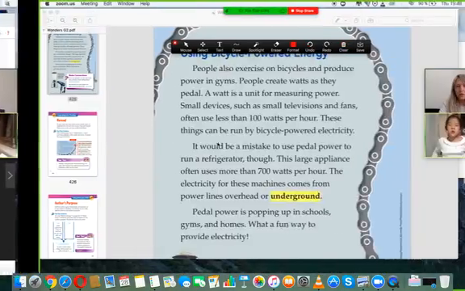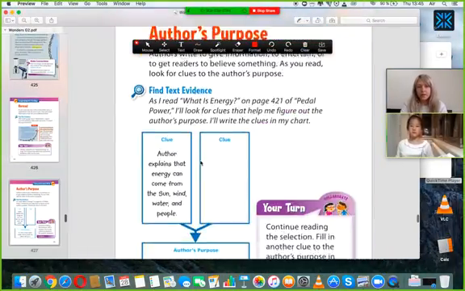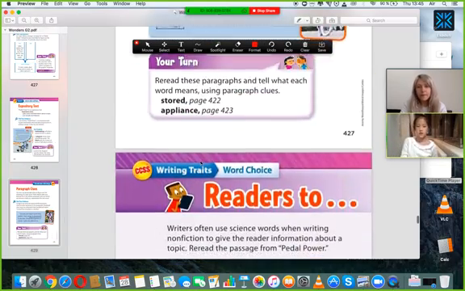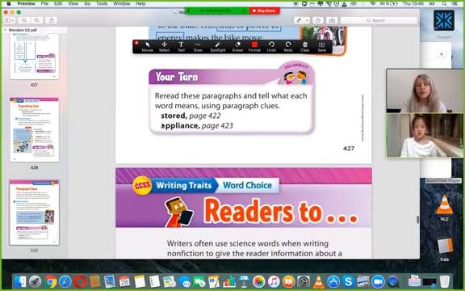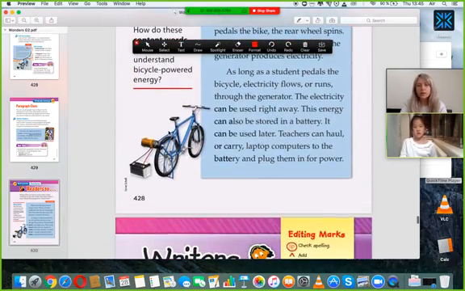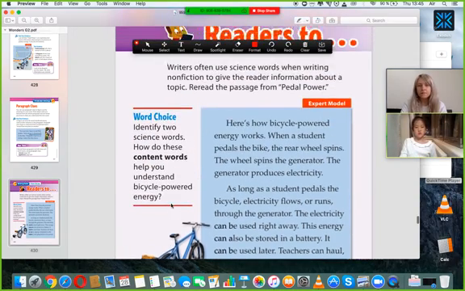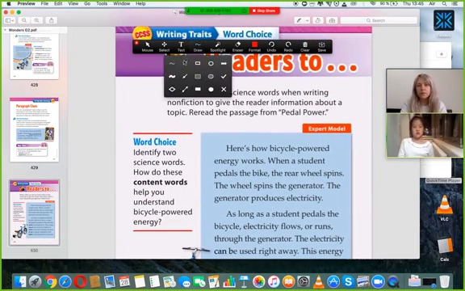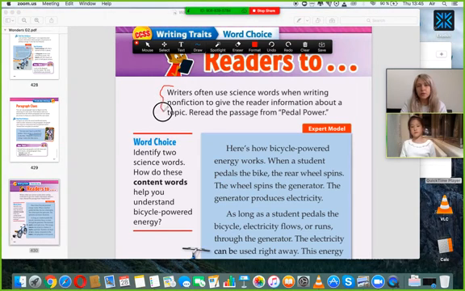So let's see which is our next task. So we found the meaning of the words stored and appliance. Now we have another task. It's page 429. It's a word choice. So let's read the description of the task. Writers often use slang words when writing reflection to give the reader information about our thoughts.